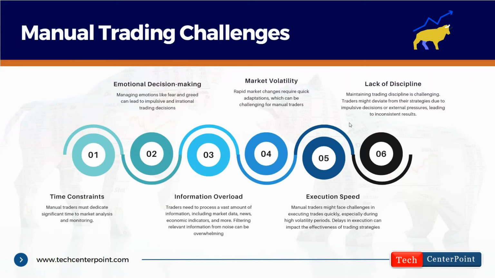But if you are not able to maintain your proper time, for example, you have to go for lunch, or somebody called you immediately, or you have placed the stop loss and target entries. What will happen is, sometimes the price may jump. If the price jumps, then your order may not be triggered.